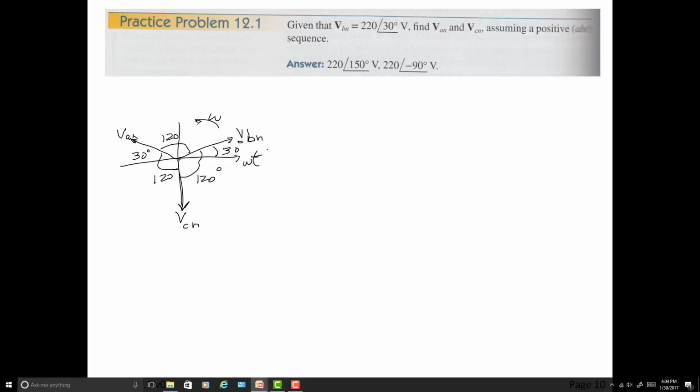So aside from VBN, what have we got? VAN has got to be the 220 we know, and the angle has to be, what, 30 plus 120? Got to be 150 degrees. And VCN has to be minus 90 degrees, 220 at minus 90 degrees.